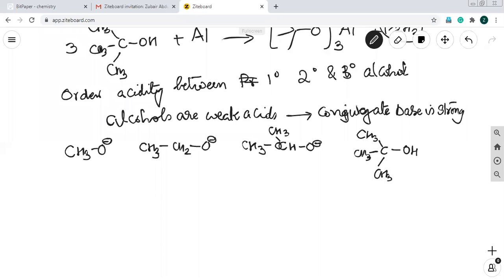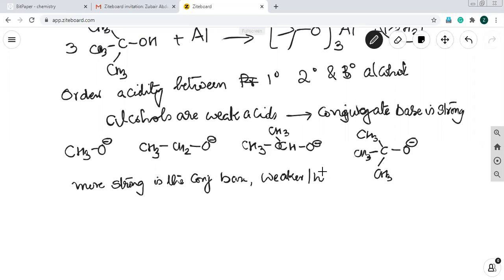So the stronger the conjugate base, the weaker is the acid.